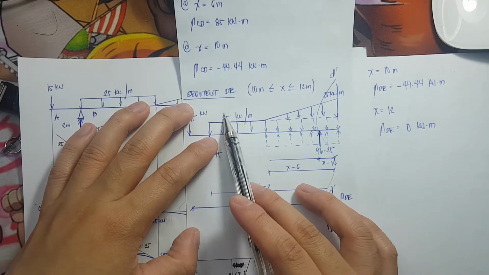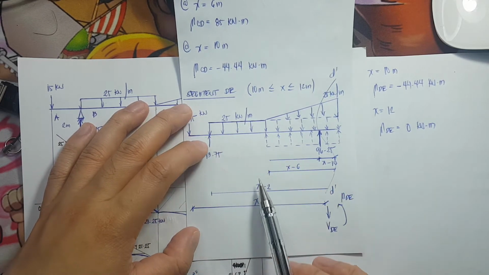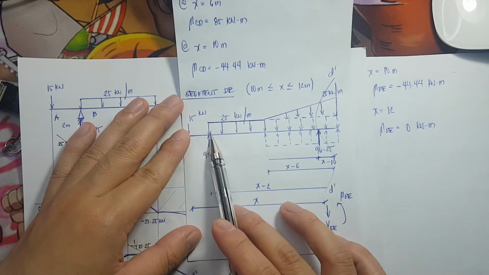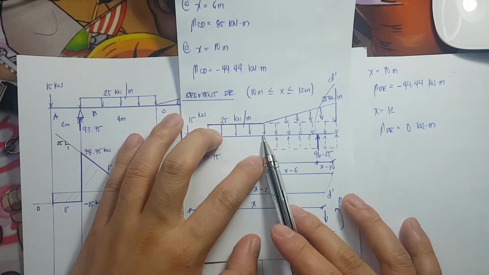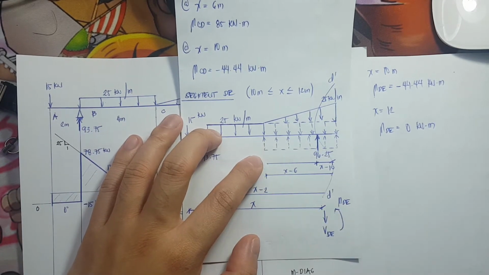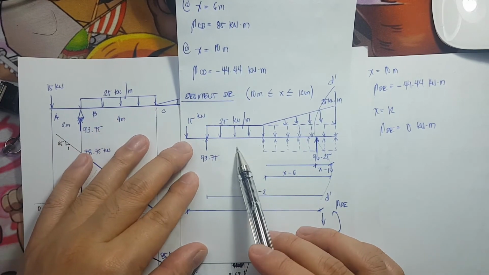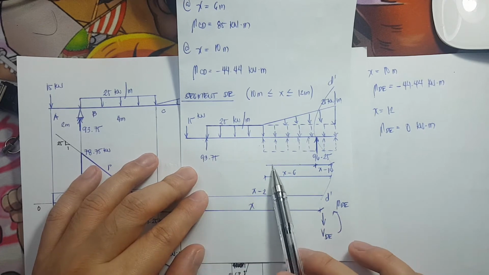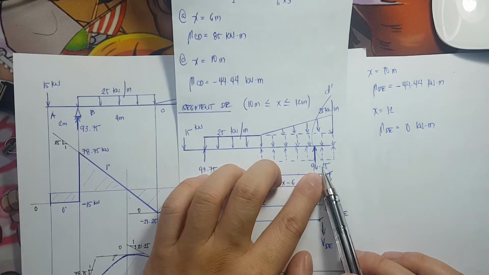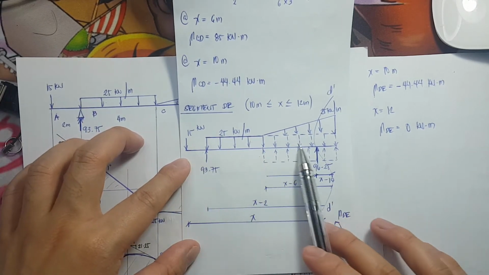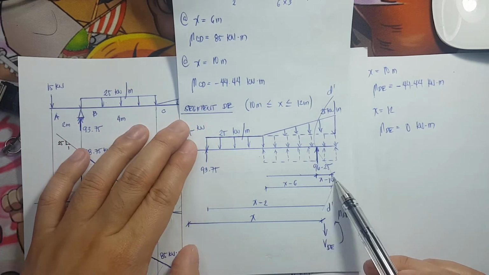The span of 25 kilonewton per meter is X minus 2. Then, this one, the load that I introduced is X minus 4 meters minus 2 meters. Therefore, it is X minus 6. Then, for the 96.25, the distance is X minus 10.